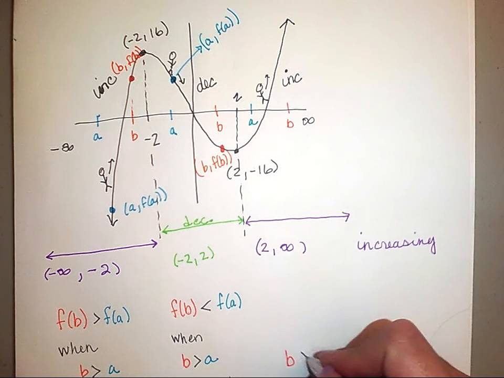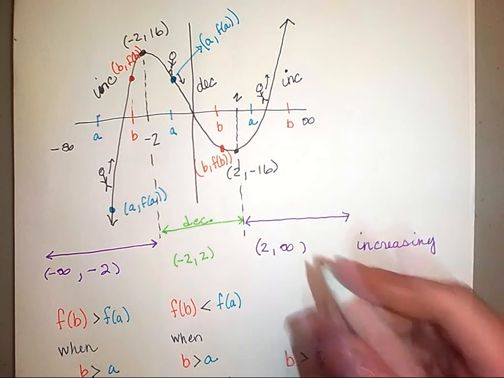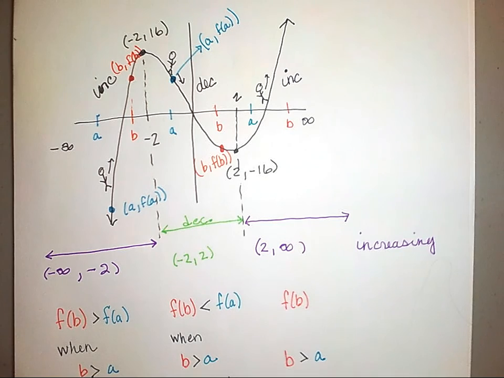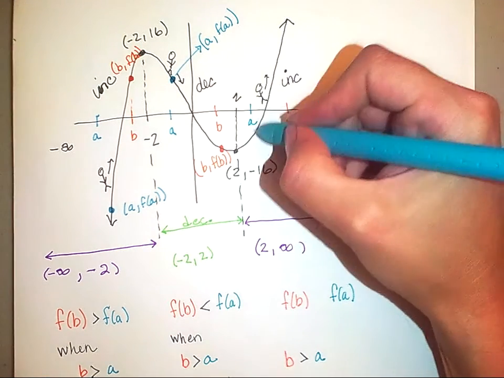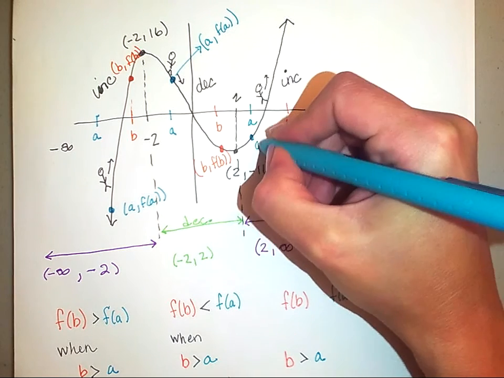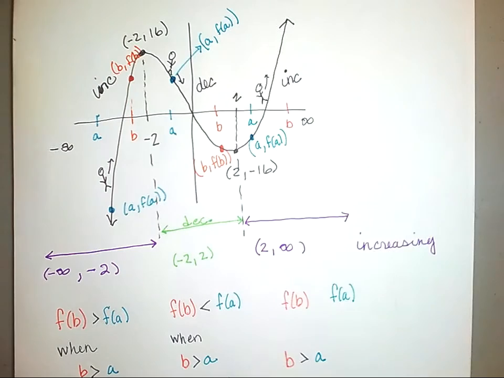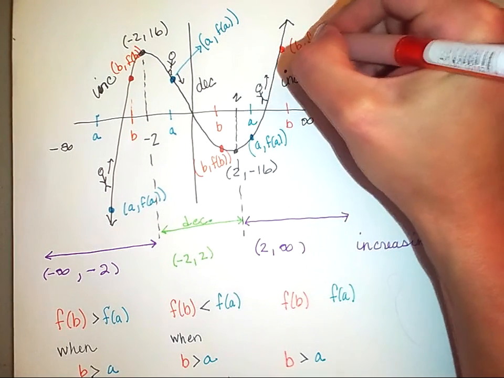And let's see if our definition holds up here as well. And let's pick an A and a B. We've picked them so B is greater than A. And let's see about the function values.